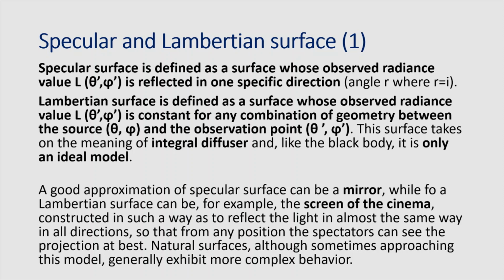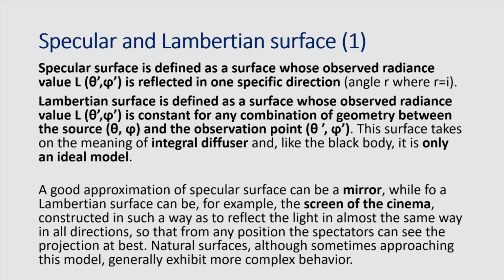While for the Lambertian behavior, to make you easily understand, you can think about the screen of the cinema, or simply when we are in a class at the university, the screen on which, for example, we are projecting from a computer.